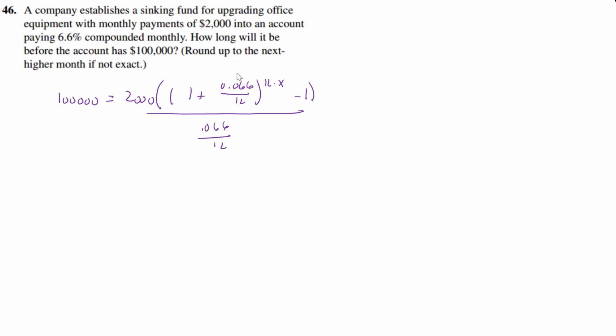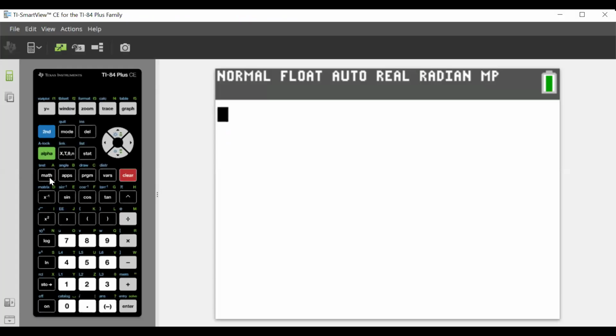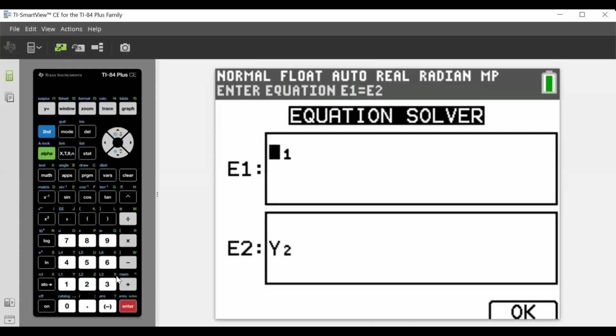And when we plug all that into our calculator, I'm going to use the numeric solver. So math, up, solver. Now we can't use those because we didn't have it typed in.